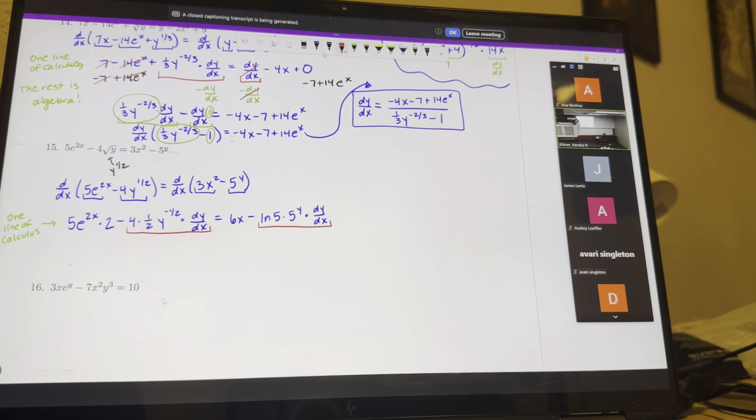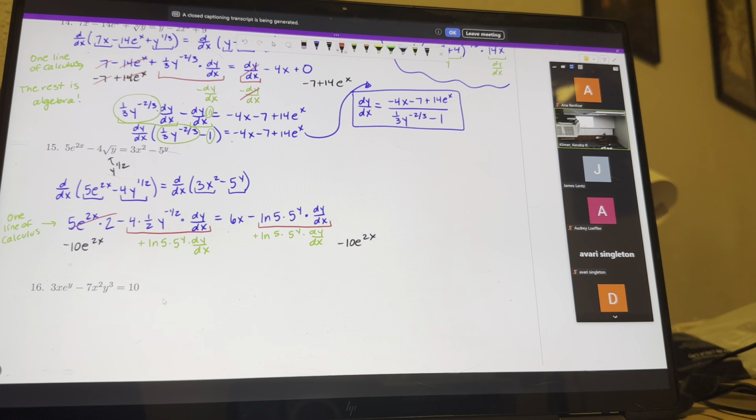So we are adding the natural log of 5 times 5 to the y times dy/dx to both sides. And then we are subtracting 10e to the 2x from both sides, right? 5e to the 2x times 2 is just 10e to the 2x.